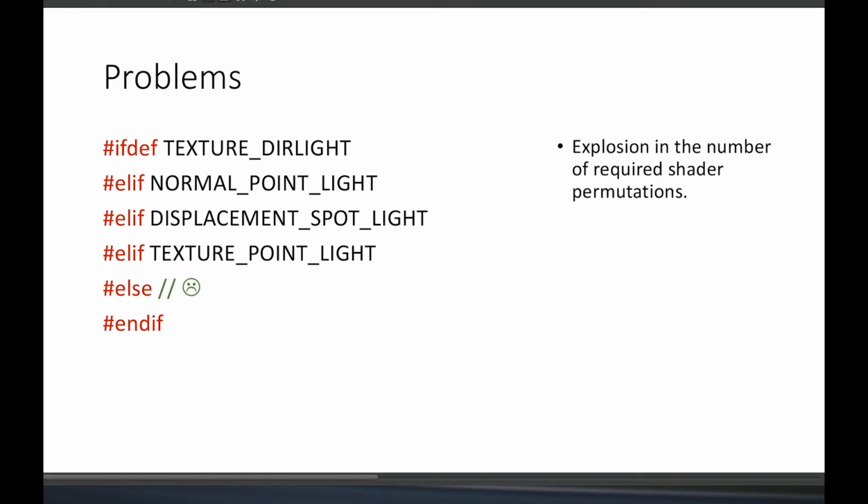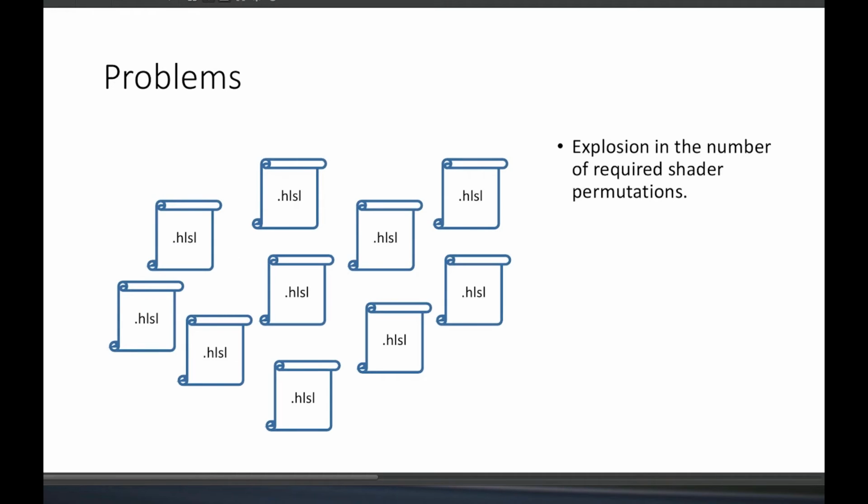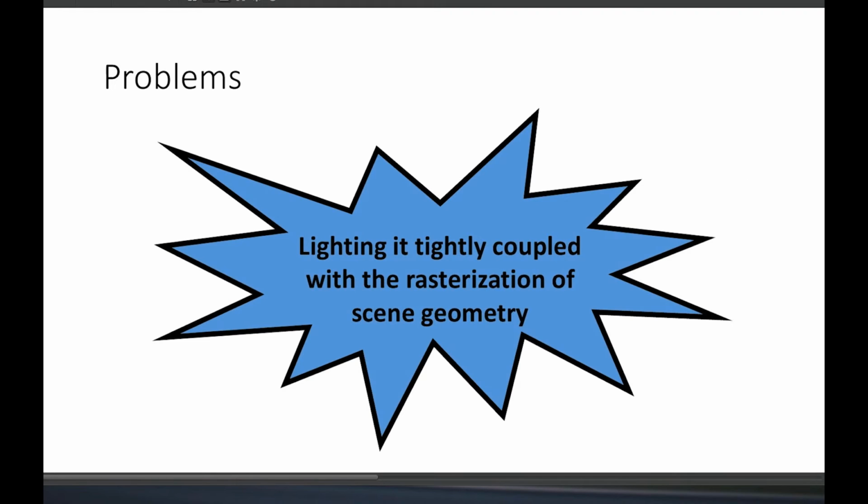Else, if we are using normal mapping with point light, we need to do other computation, and the same with displacement and texture mapping with point light, etc. And also, we end up with a lot of different shader files if we don't want to do conditional compilation.